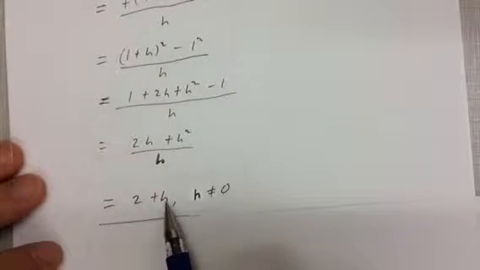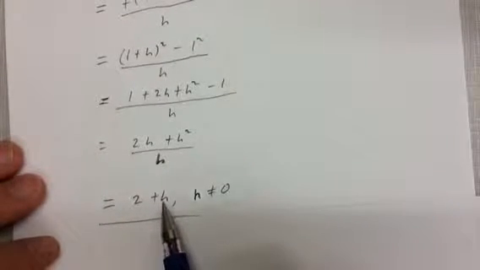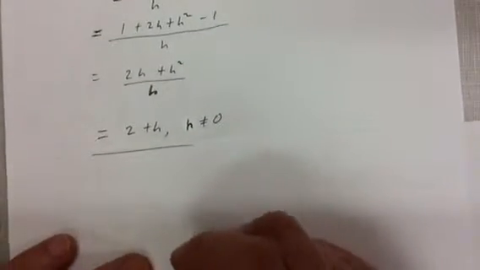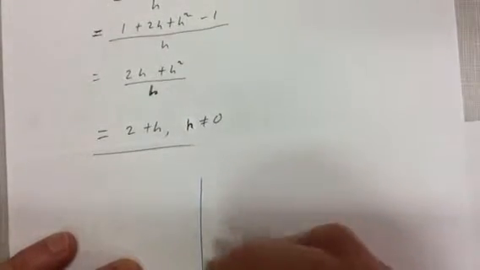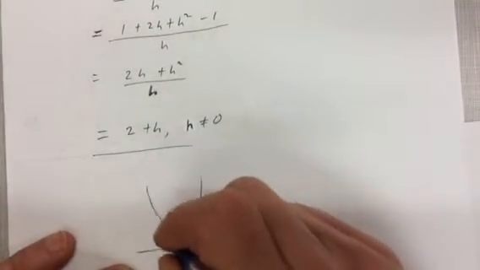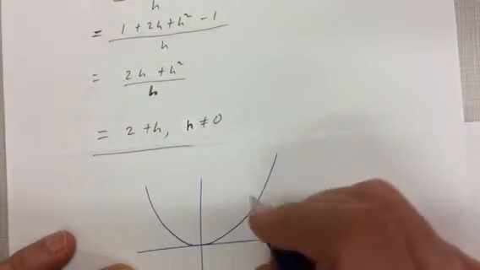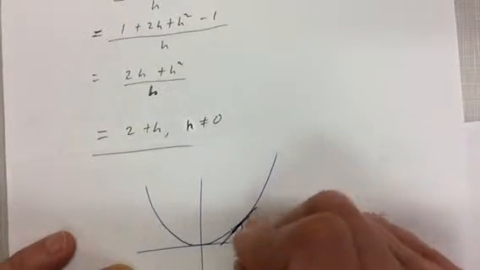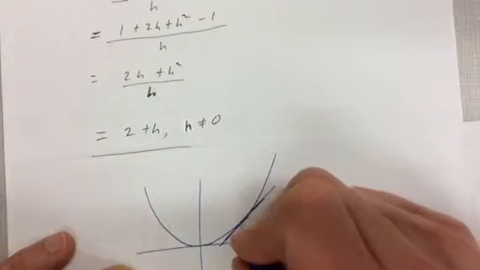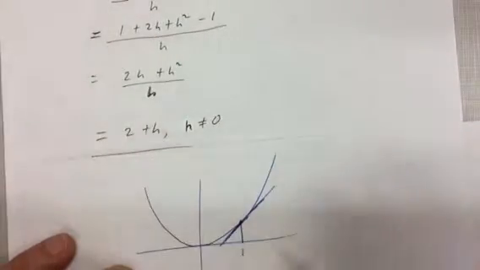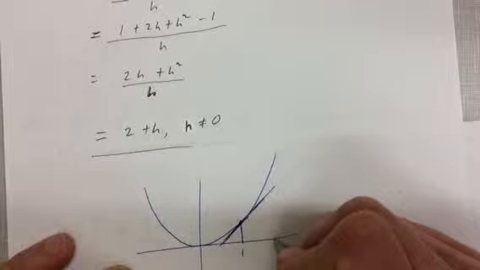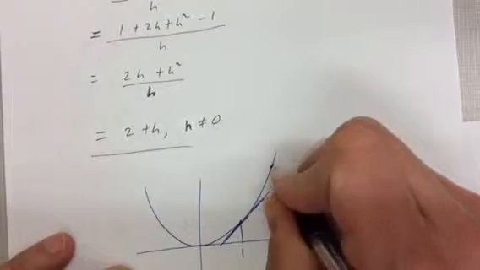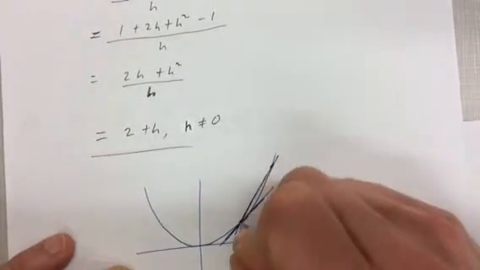Okay? From this, you can now see that this one is pretty easy to predict. If you plug in values of h getting closer and closer to 0, so that the secants, okay, if you look at this, you've got f of x equals x squared at x equal to 1, there's the tangent. As h gets close to 0, there's 1 plus h, say, go up, and we've got a point there, and we got a secant.